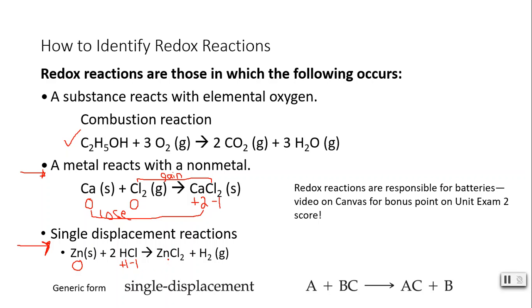Now let's look at my product side. Oh, I see chlorine. Chlorine is bound with the zinc in an ionic compound, so it's going to be a -1. Since there are 2 chlorines there, for the charge of that molecule to equal 0, my zinc better be a +2.